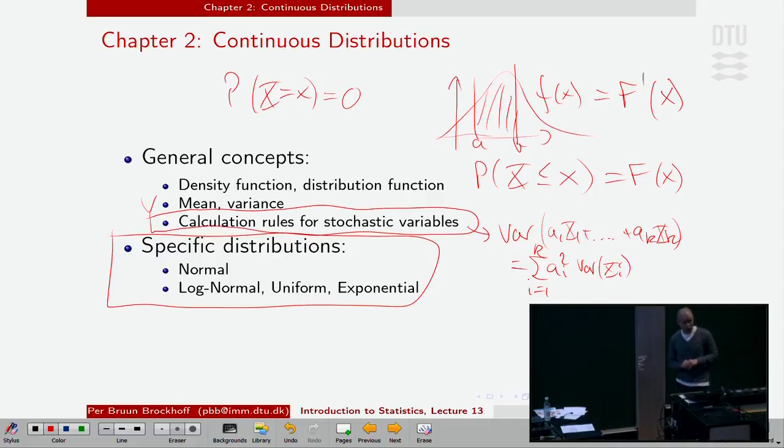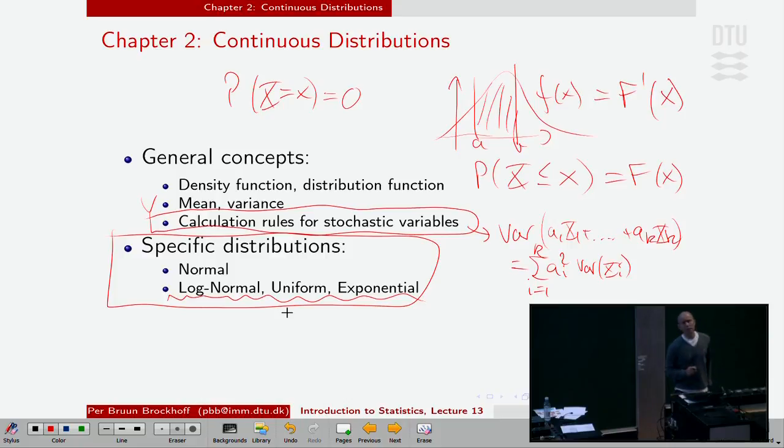Specific distributions, very much the normal. The normal plays a central role for many reasons, but there are other than normals. Original data distributions are often in real life not normal. They may be, many of them are, but not all of them. So we have to sometimes work with non-normal distributions.